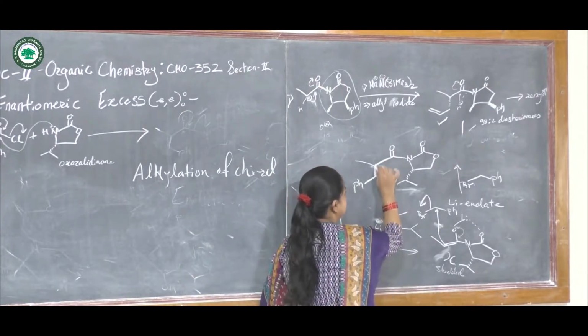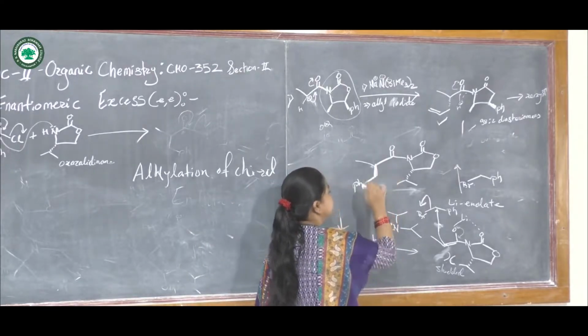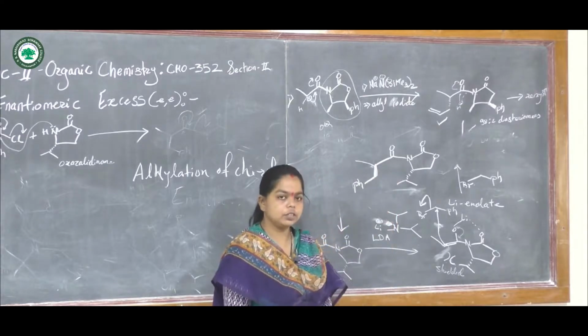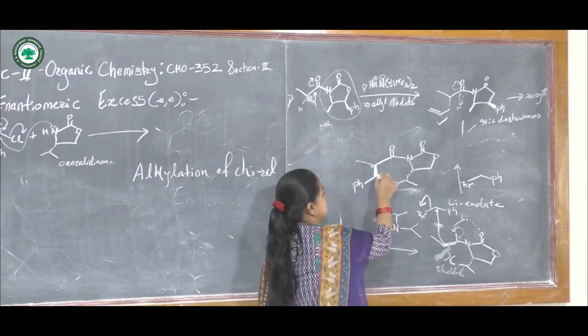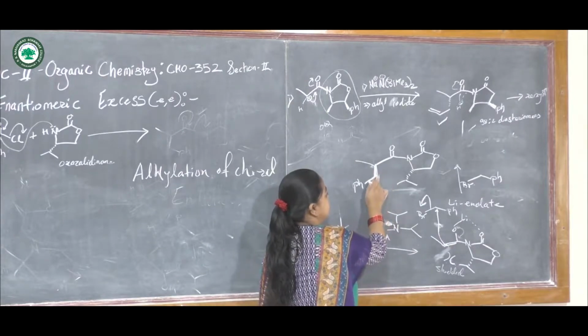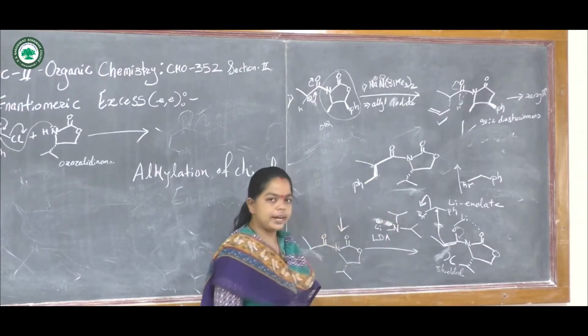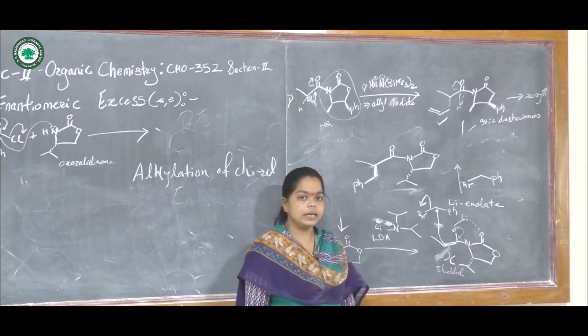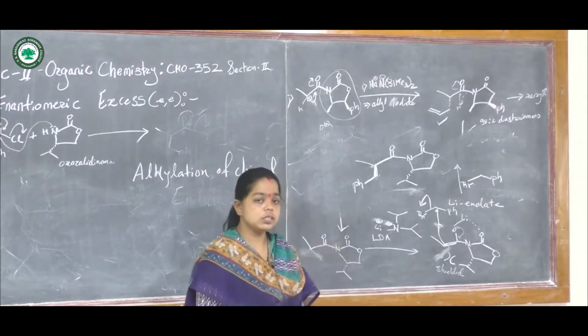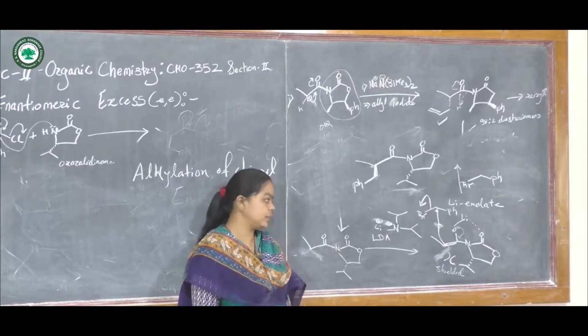We get beta oriented alkylation, where a beta oriented group is added on the double bond. So the beta oriented benzyl group is added adjacent to the carbonyl. So the reaction is highly enantioselective. This is the alkylation of the chiral enolate.